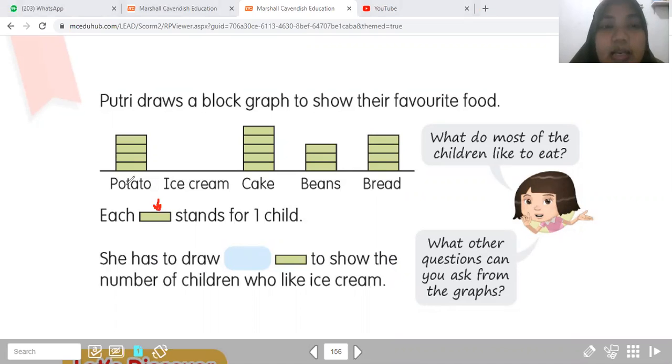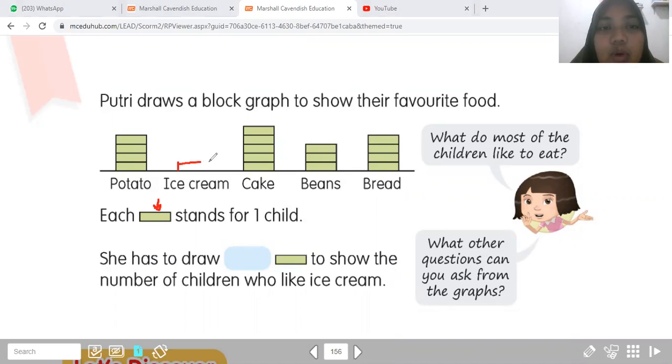For example, the first, potato, we have 4 children who love potatoes, so we can draw 4 blocks here. How about ice cream? We know there are 7 students who love ice cream.